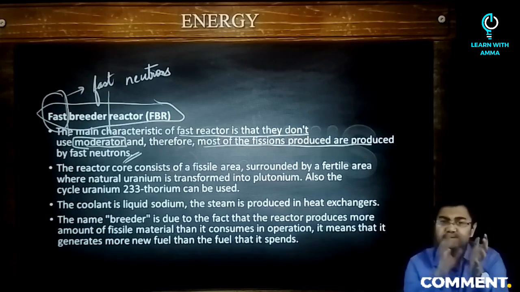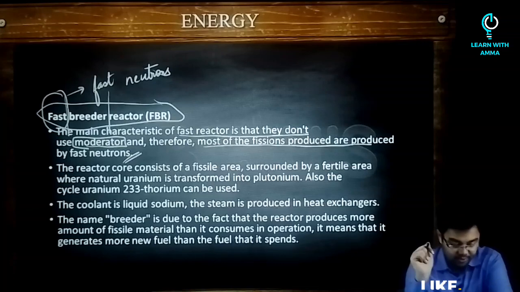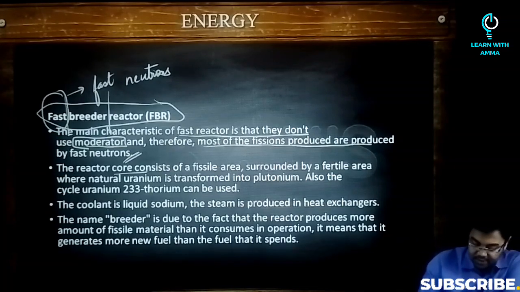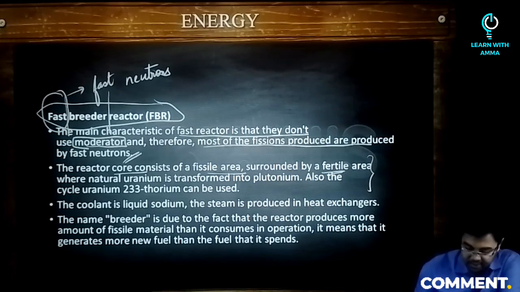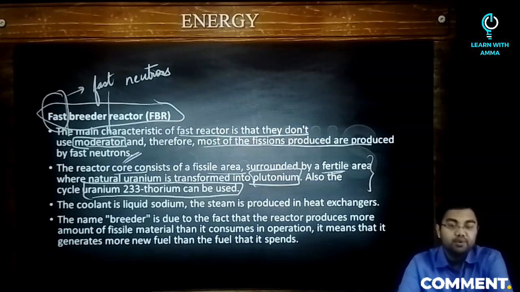So you have different kinds of neutrons, fast neutrons, thermal neutrons, but we need not go into the details of that. Then the reactor core consists of a fissile area surrounded by a fertile area where natural uranium is transformed into plutonium. Also, the uranium-233 cycle with thorium can be used.